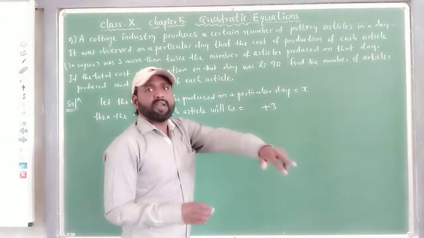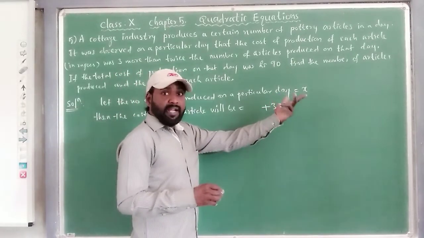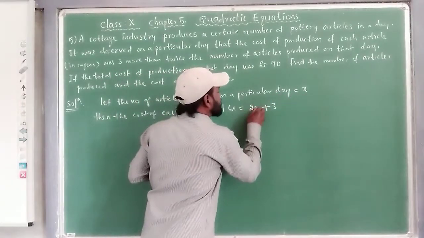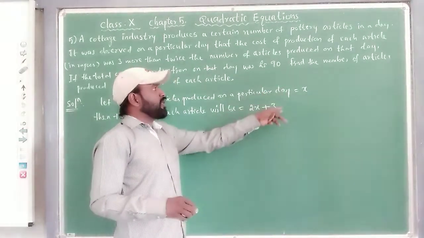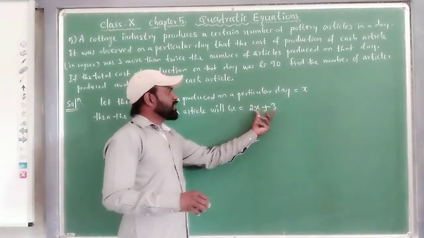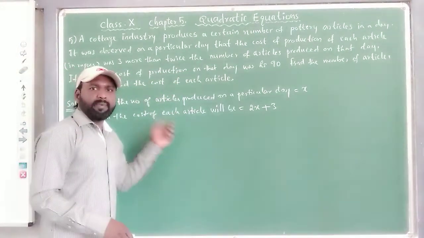Therefore, twice the number of articles produced. So the number of articles produced we assume as x. Twice that means 2x. More means plus. How much more? 3 rupees more. So that is why 2x plus 3. This is the cost of each article which was produced on a particular day.